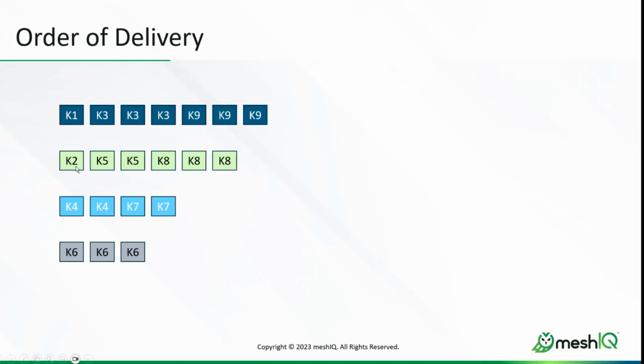Oh, here's key 2, there's 3, here's 4, here's 5, right? 6, 7, 8, 9. So that's a fairly nice distribution of keys across the partitions. And again, the key thing that I was referencing, no pun intended, is that all of the key 3s, all of the key 9s, all ended up in the same partition.